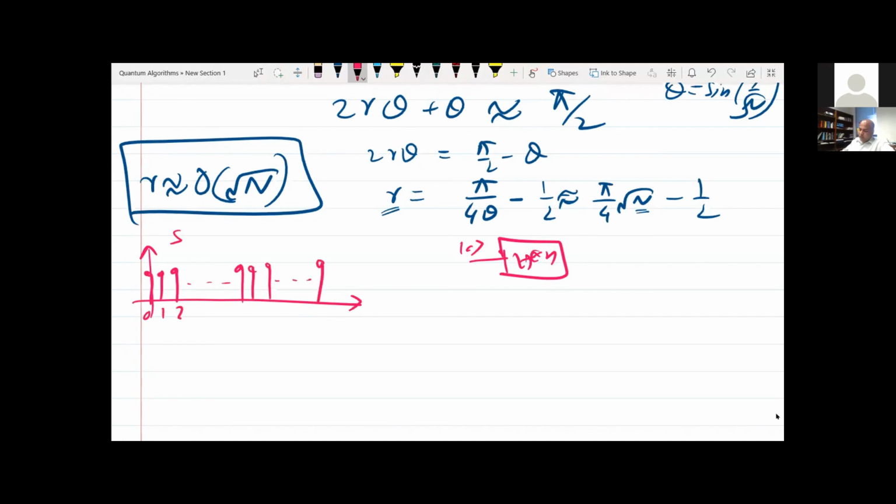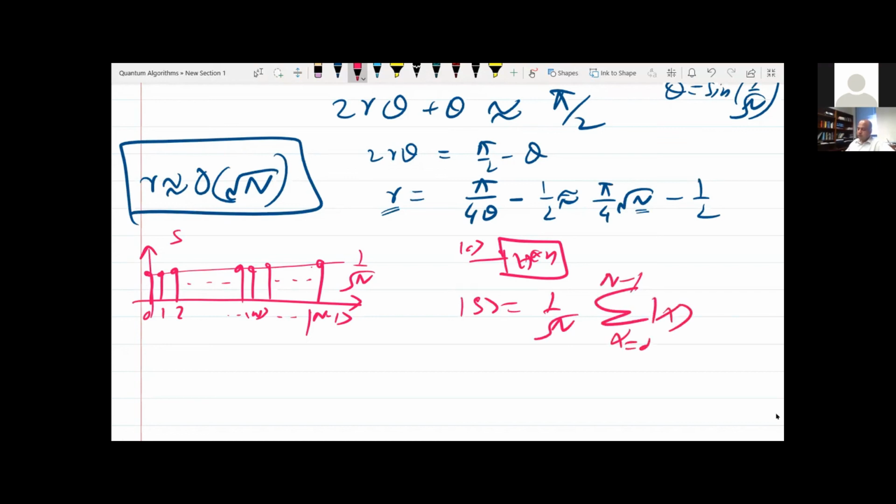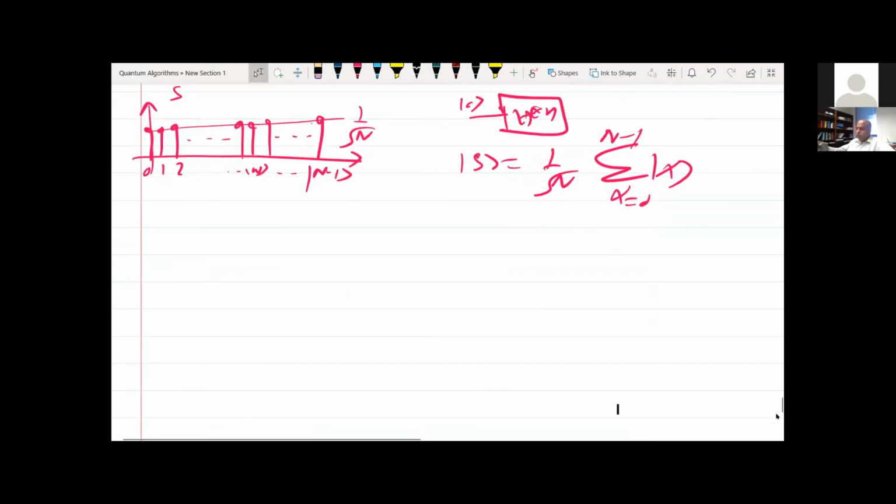So 0, 1, 2, all the way to the W state, up to n minus 1. All states had equal amplitude, and the amplitude was equal to 1 over square root of n, because that's what S came out to be. S was 1 over square root of n, sum over x going from 0 to n minus 1.